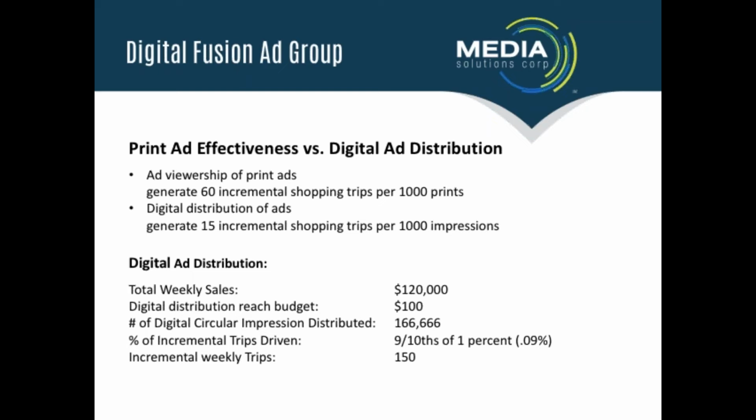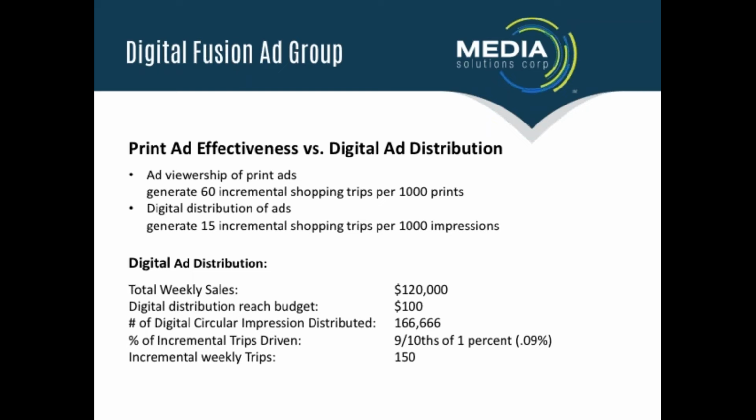But if it were $50 or $100 each week, we'll say 100 here, that's going to generate 166,000 impressions digitally on other local websites. Now, at 0.9% incremental trips driven, that ends up equating to 150 incremental trips.